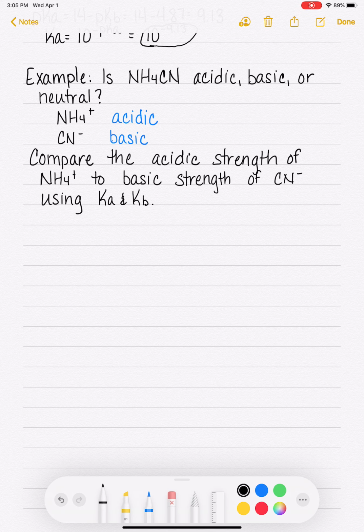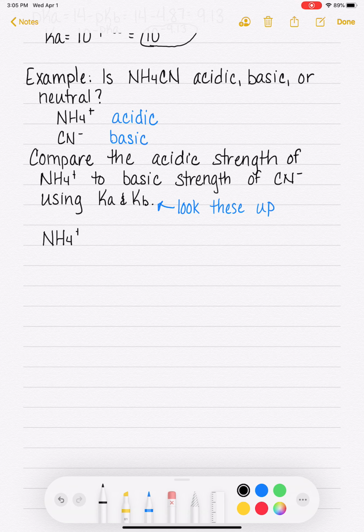Ka and Kb values can be found anywhere. You can just Google what is the Ka of NH4 plus, what is the Kb of CN minus, and you're going to get those numbers. You also have data tables in your textbook and probably data tables on ALEKS that give you Kas and Kbs. They're all over the place. So these Kas and Kbs, we're going to look them up. They're somewhere out there for you to find. And I've already looked them up for you.